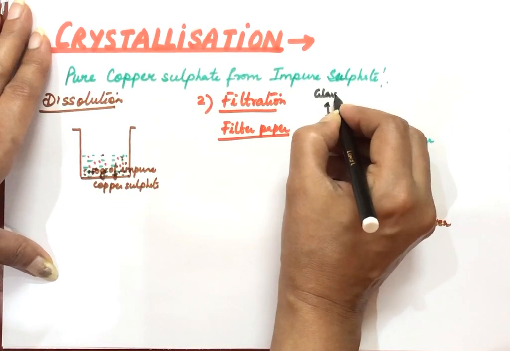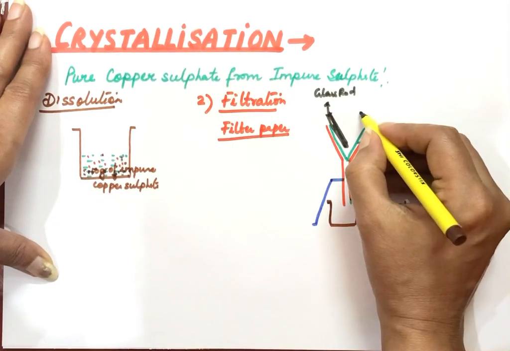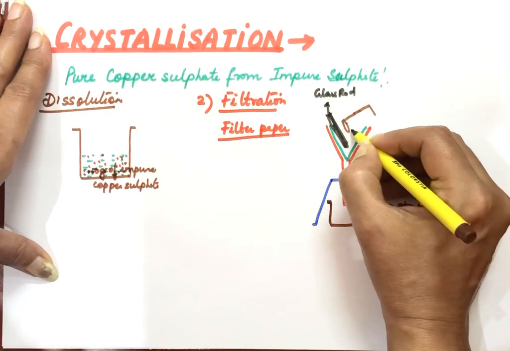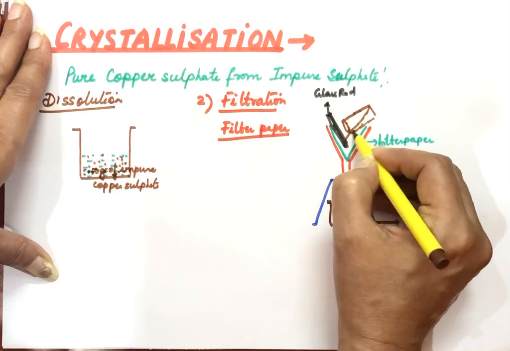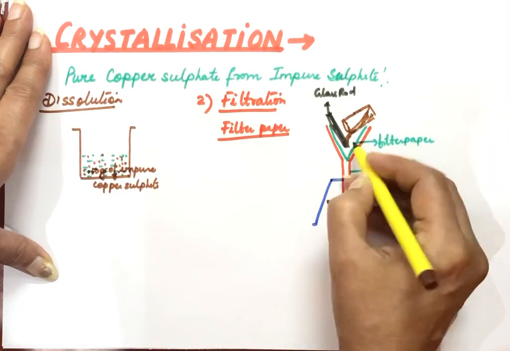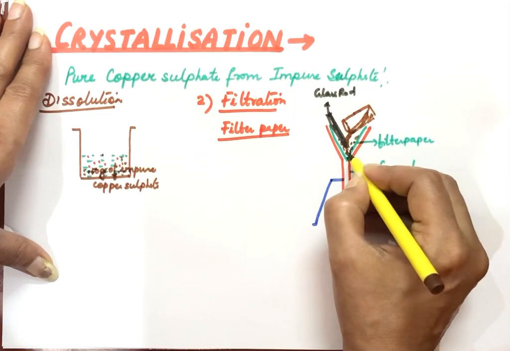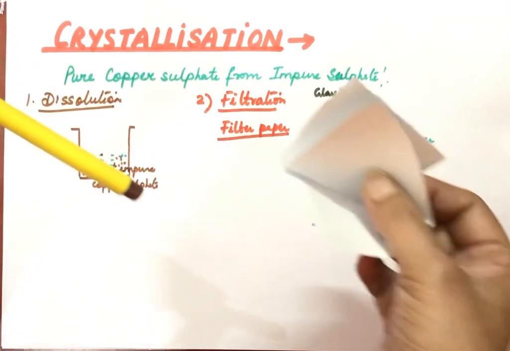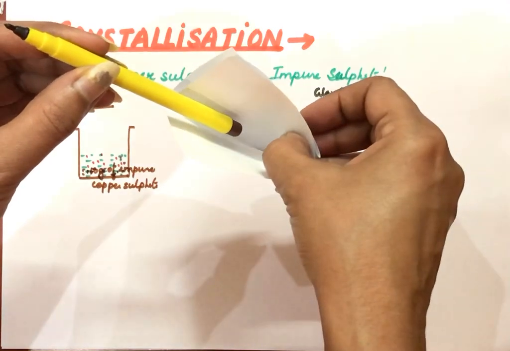Through the glass rod, we pour this solution here. The solution will fall along the glass rod and come into the funnel. We keep the glass rod like this on the filter paper, and through this we pour the solution.